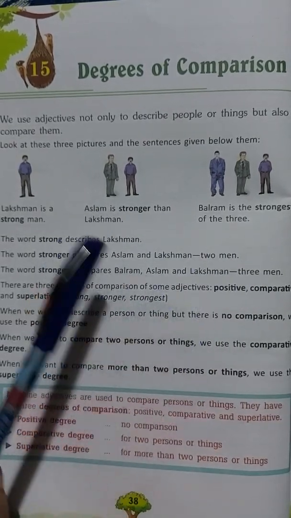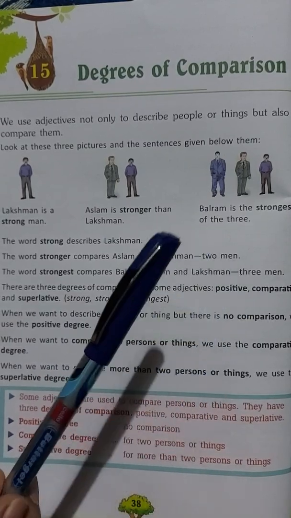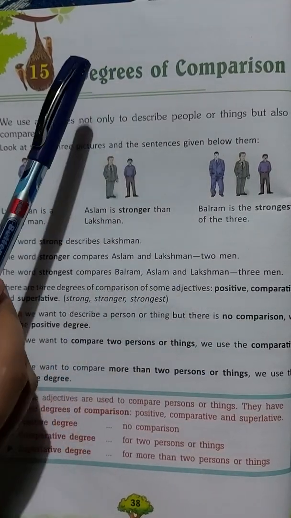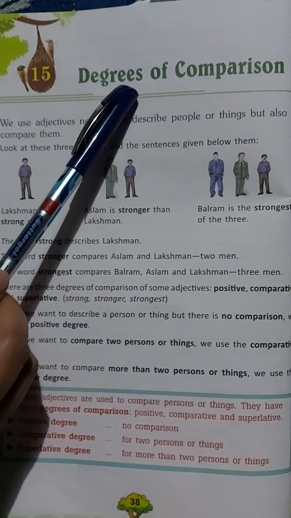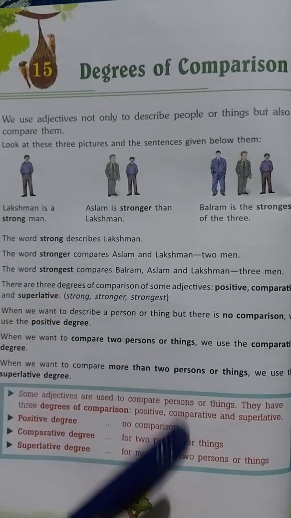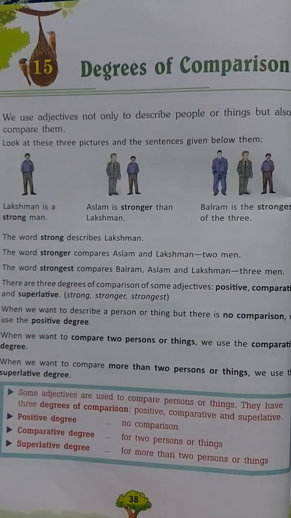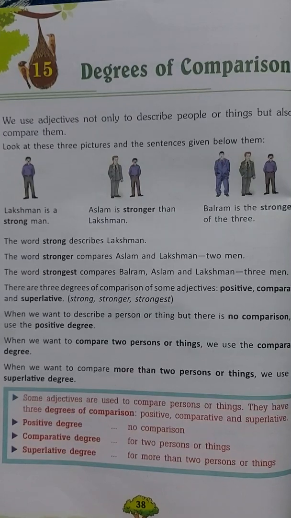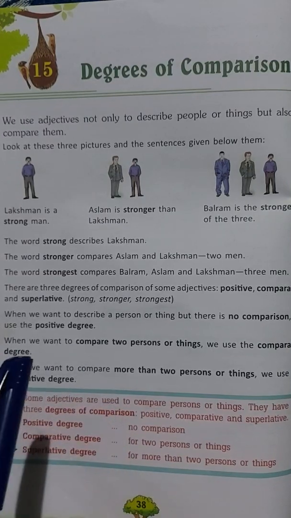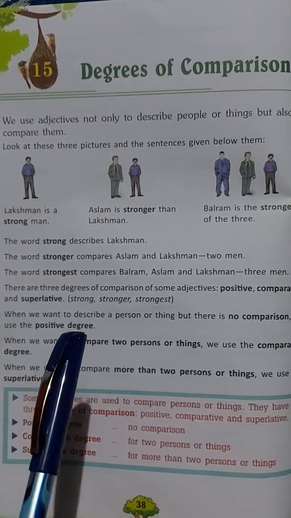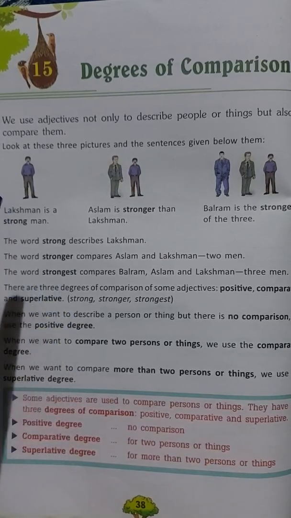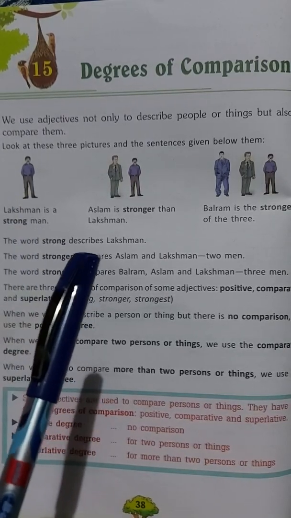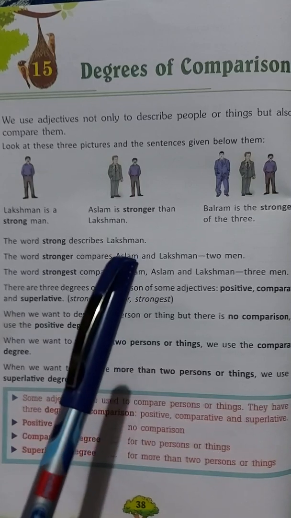So children, the three different forms of adjectives are called what? They are called degrees of comparison. Alright? Now, children, there are 3 degrees of comparison of some adjectives, and they are positive, comparative, and superlative.